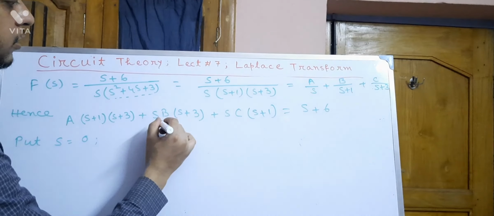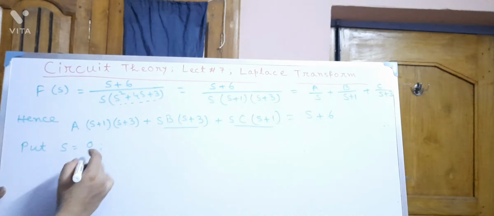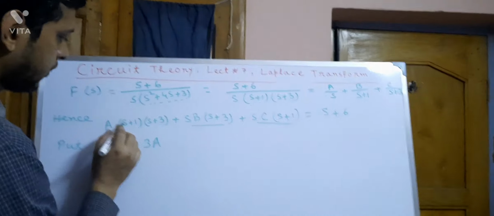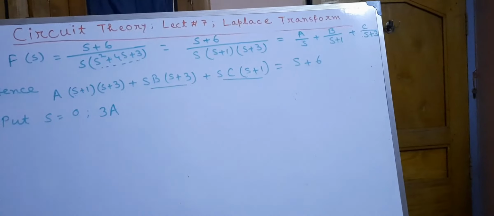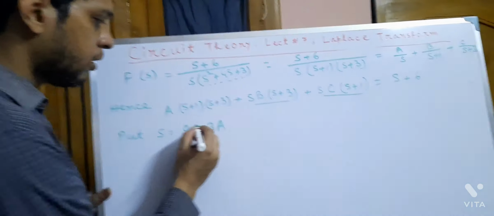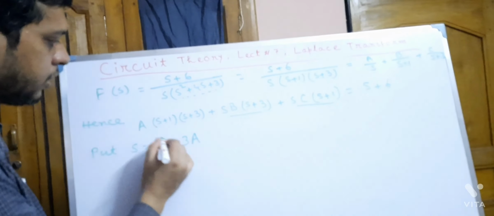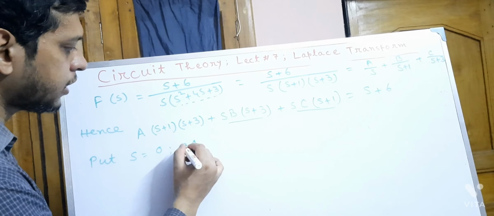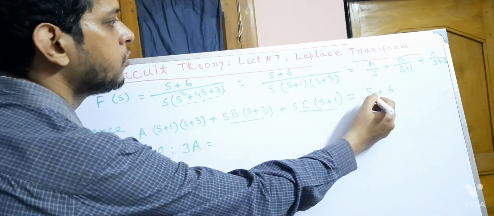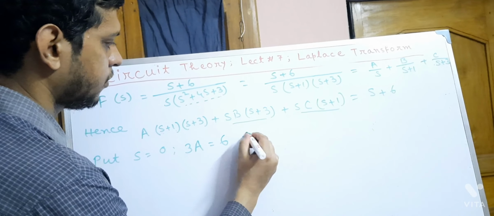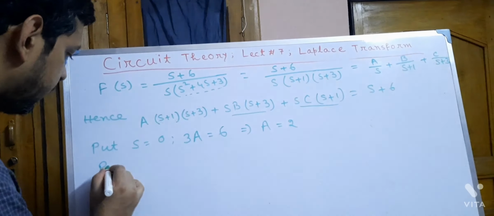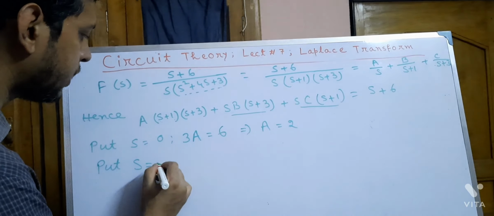If s equal to 0, then these two terms will vanish. So a into 1 into 3, that is 3a, equal to 6, or a equal to 2. Now put s equal to minus 1.